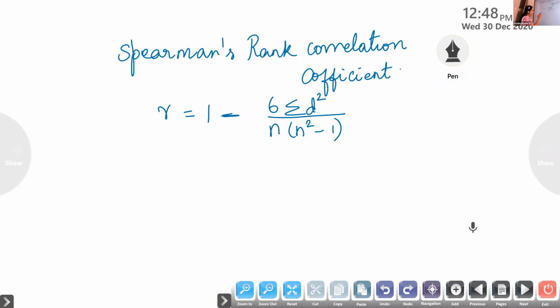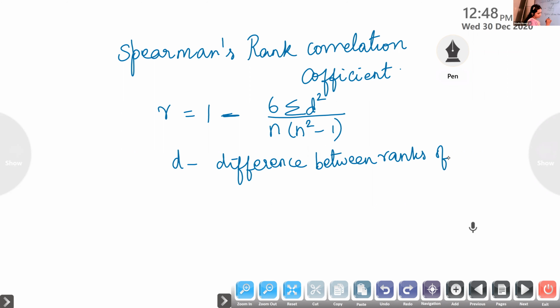What is d? D is the difference between the ranks of corresponding x and y.